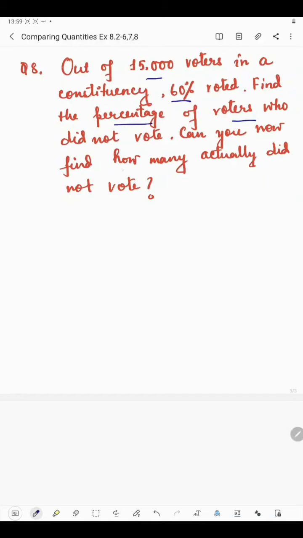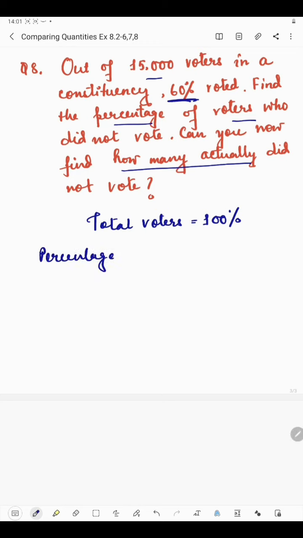And also we have to find how many actually did not vote, that means the number of voters who did not vote. Now total percent is 100%, so total voters we will consider as 100%. The percentage of voters who voted is 60%. When you subtract 60% from 100%, you'll get the percentage of voters who did not vote.